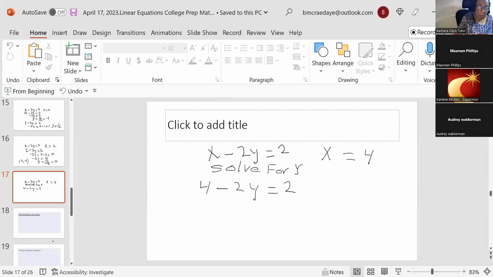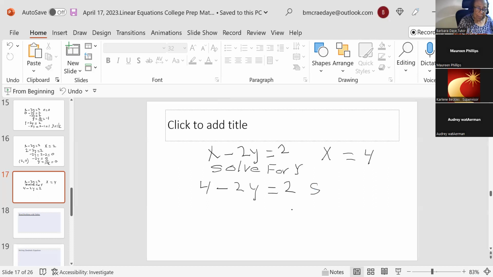Remember, you want to get the 4 on the side with the 2. Those are 2 constants. So what would you do, Maureen? Subtract 4 from both sides. That's it. Do that. Subtract 4 from both sides. Did you do that, Audrey?